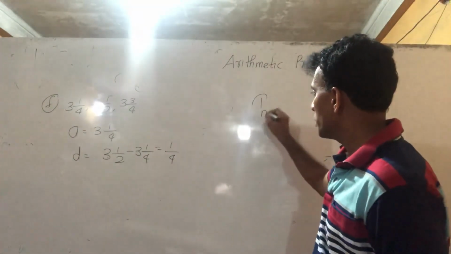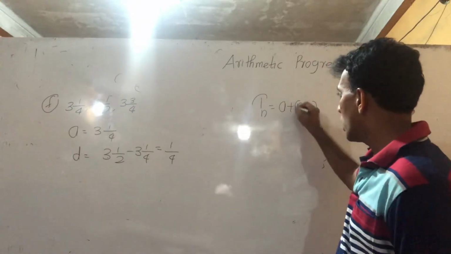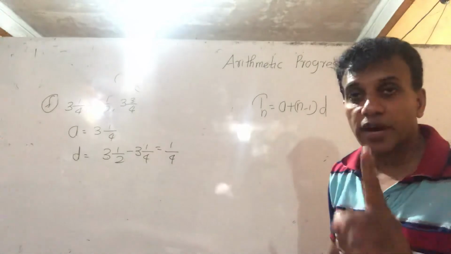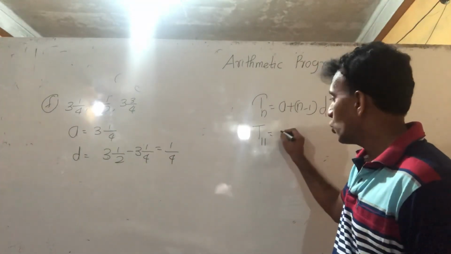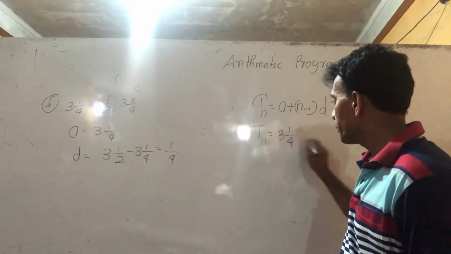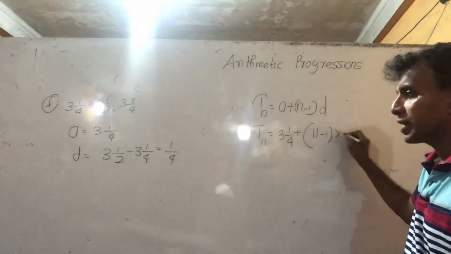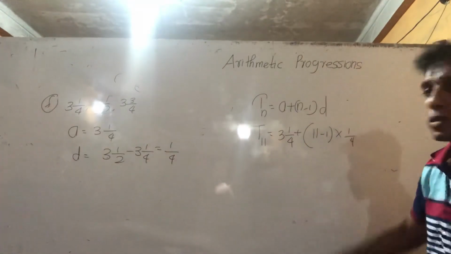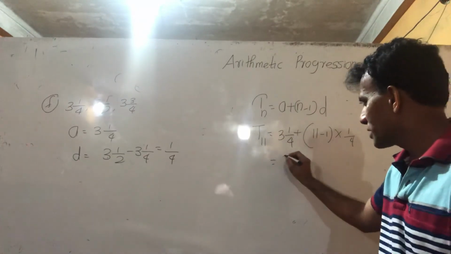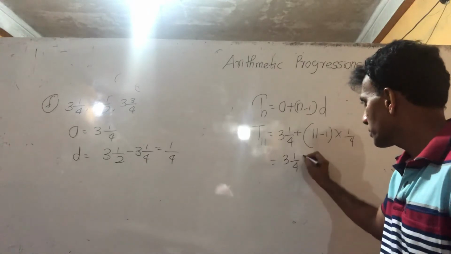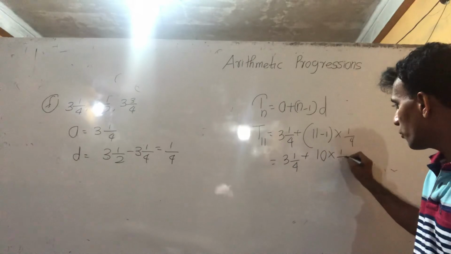Tn equals a plus (n minus 1) d. Question is find the 11th term, right? T11. a equals 3/4 plus n is 11, common difference a quarter. Then simplify. 3/4 plus 11 minus 1, 10, into 1/4.